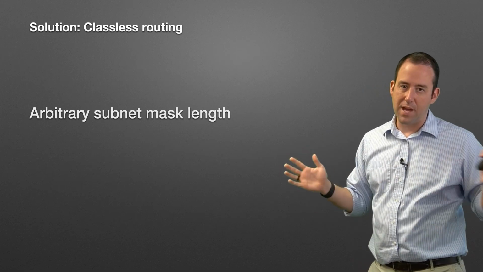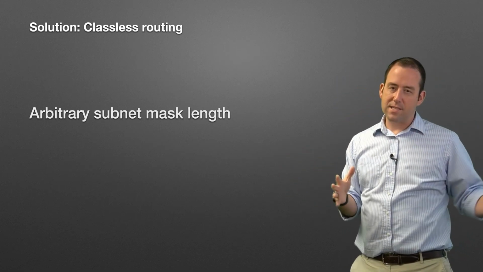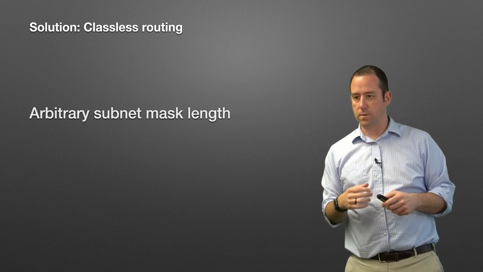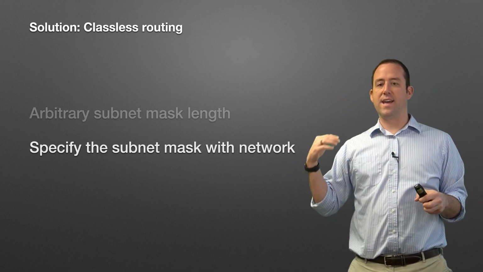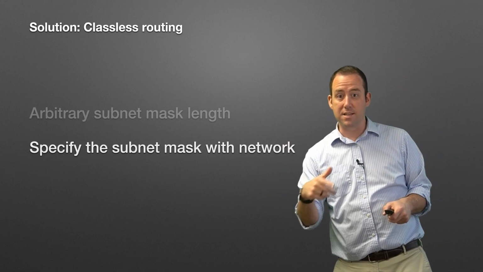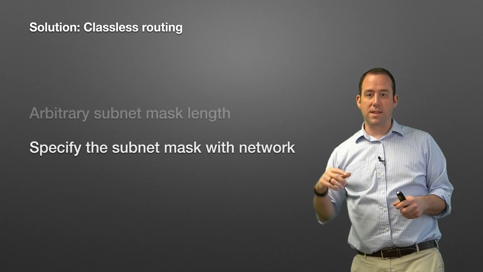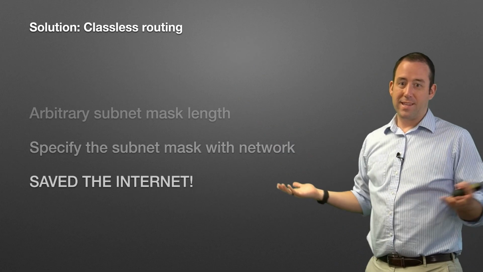Your subnet mask can be any length at all, and you can get a subnet and divide that subnet into even smaller subnets if you want to. And so you specify that subnet mask, and that's where we get things like the slash notation. The classless interdomain routing notation, CIDR, remember classless routing, that's where that comes into play. And this really saved the internet.